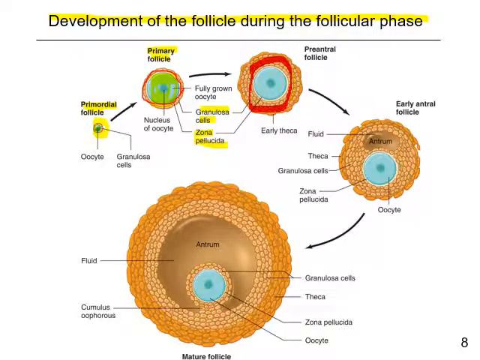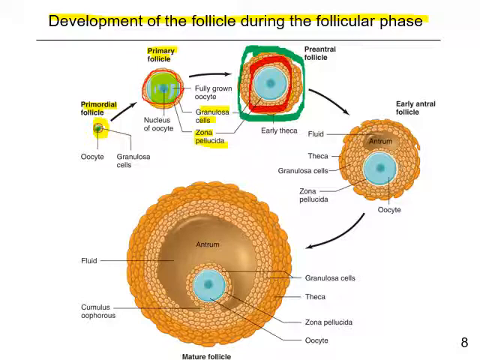Surrounding the granulosa are going to be theca cells. So theca on the outside, then granulosa, then zona pellucida, then oocyte.